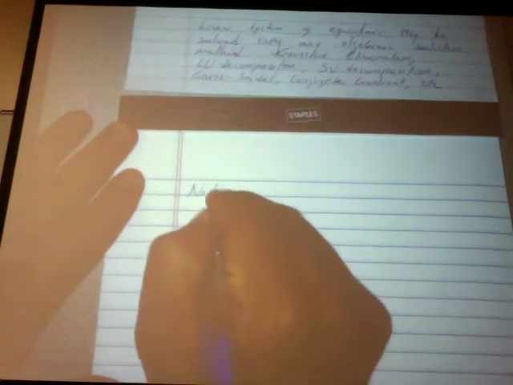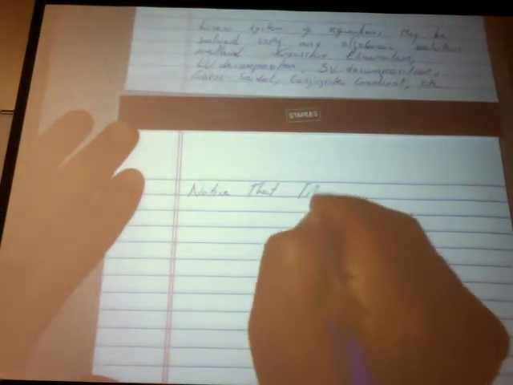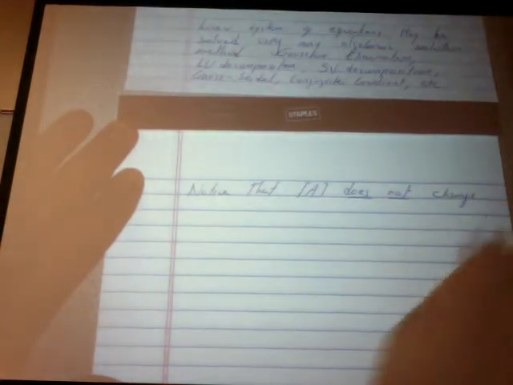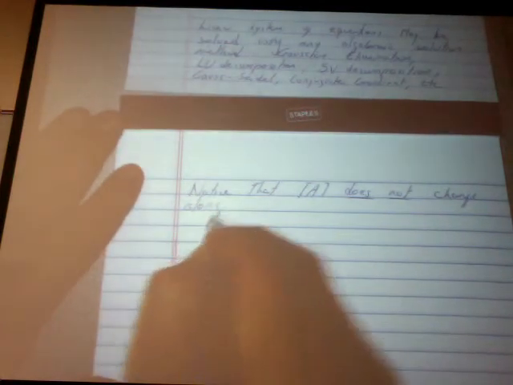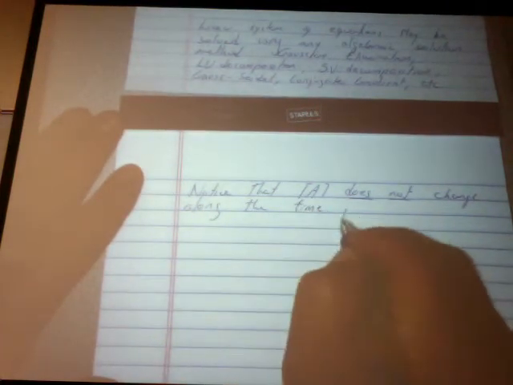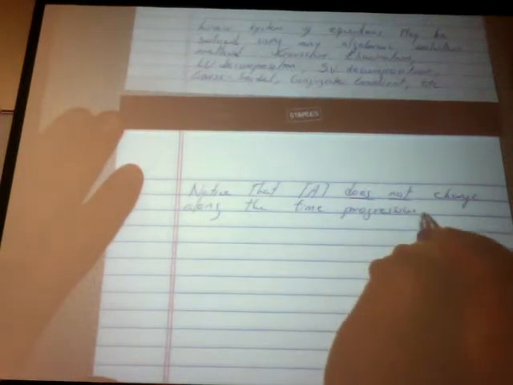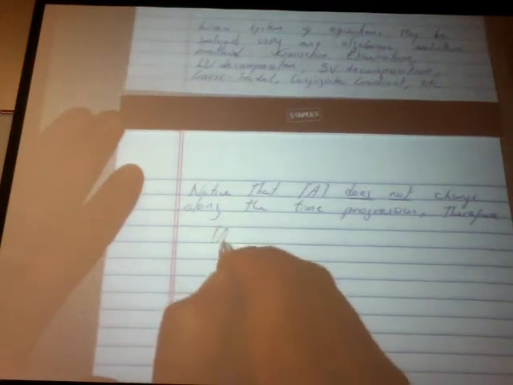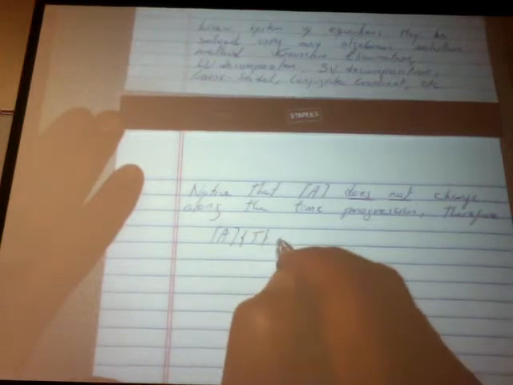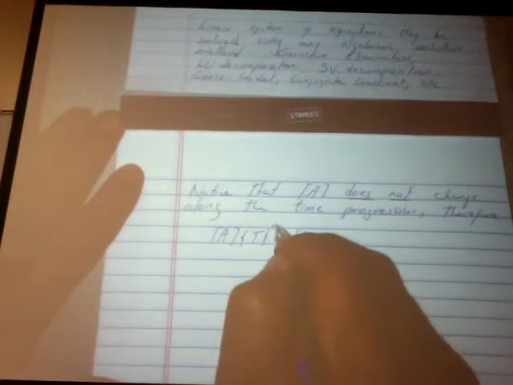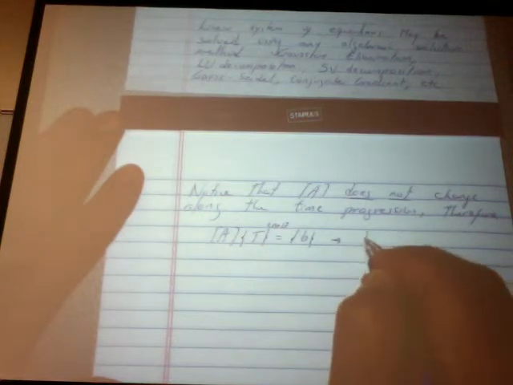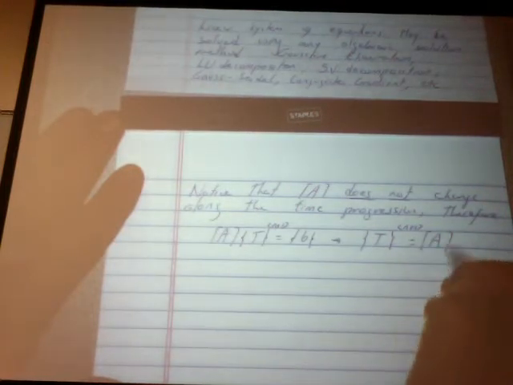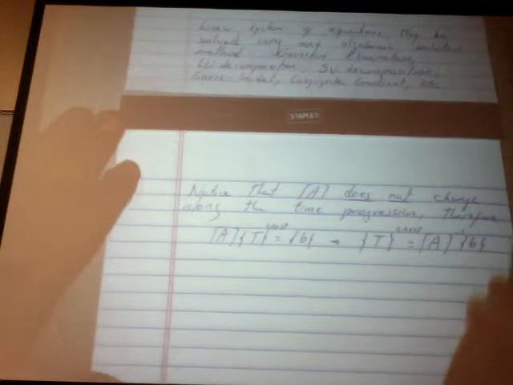Notice that A does not change along the time progression. Therefore, AT is equal to B can actually be done this way.